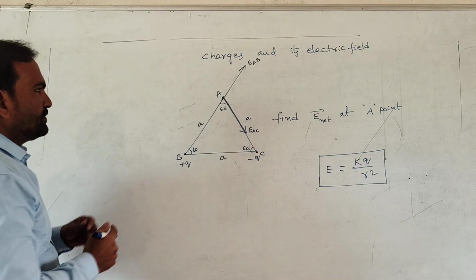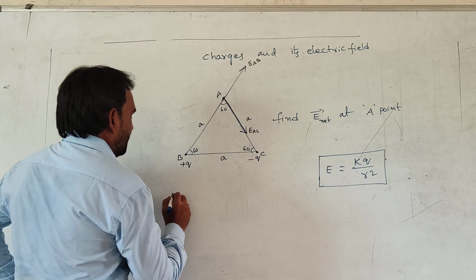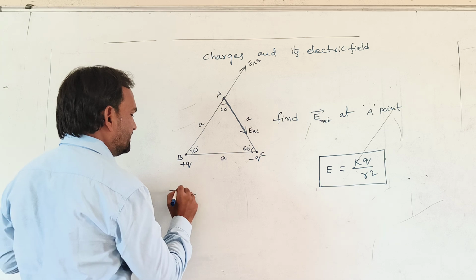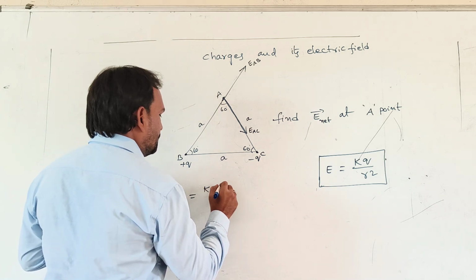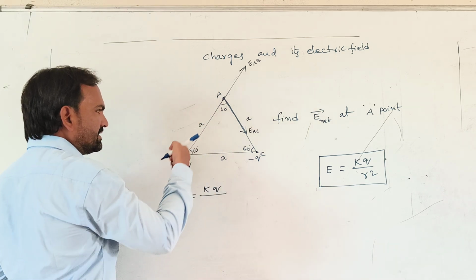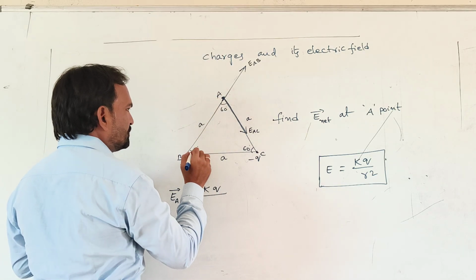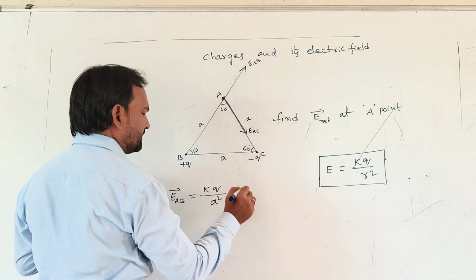Okay, students. So the electric field intensity at point A due to B: E is equal to KQ by R square. What is the distance between this point and this Q charge? It is a, so E is equal to KQ by a square.